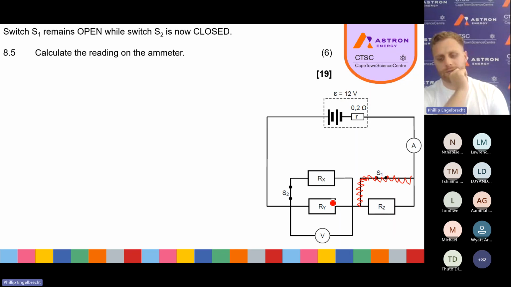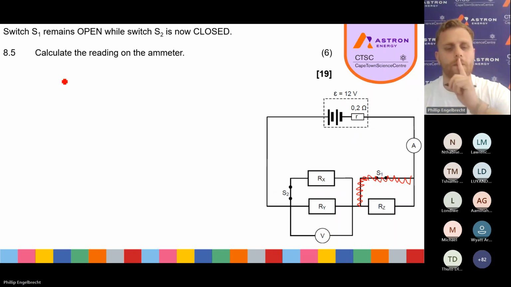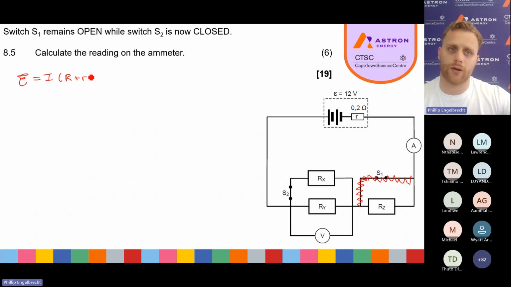Okay, guys, so how did we figure that out? So what I'm going to do is I know that the EMF is equal to I times big R plus little r, right?